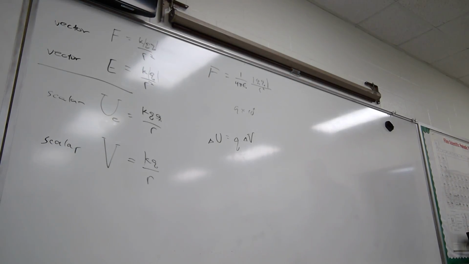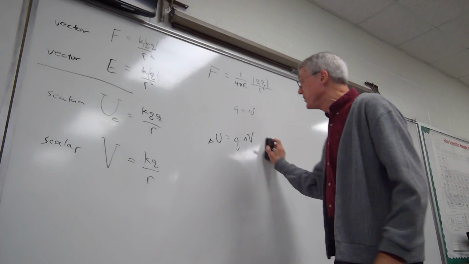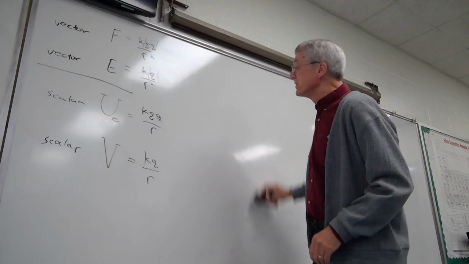Now, what do we need to do next? We need to talk about more than one particle and what is the net V, or the net U, or the net E, or something like that. I've got V as scalar, we talked about that. All right, let's do what I just said. I'm going to leave those 4 things up there so we can talk about them.